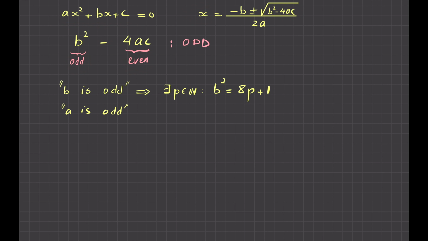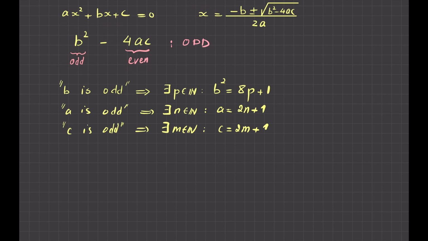So I can say that there exists an n in N such that a is equal to 2n plus 1. And then you also say that c is odd. So this means that there exists, for example, m in N such that c is equal to 2m plus 1.